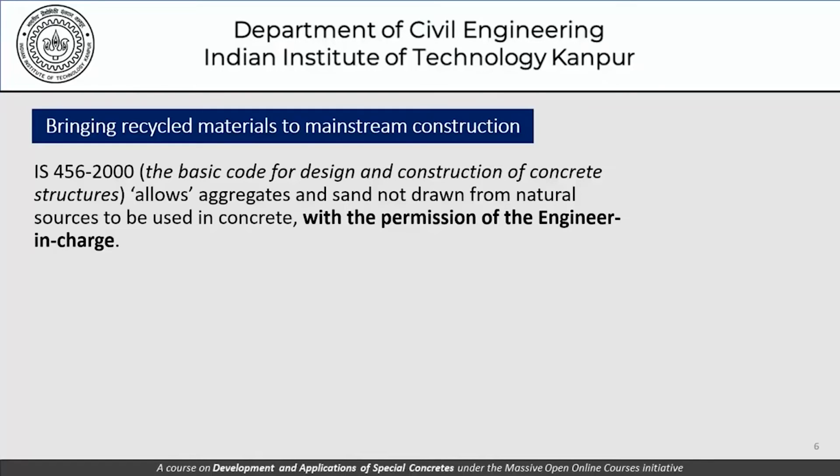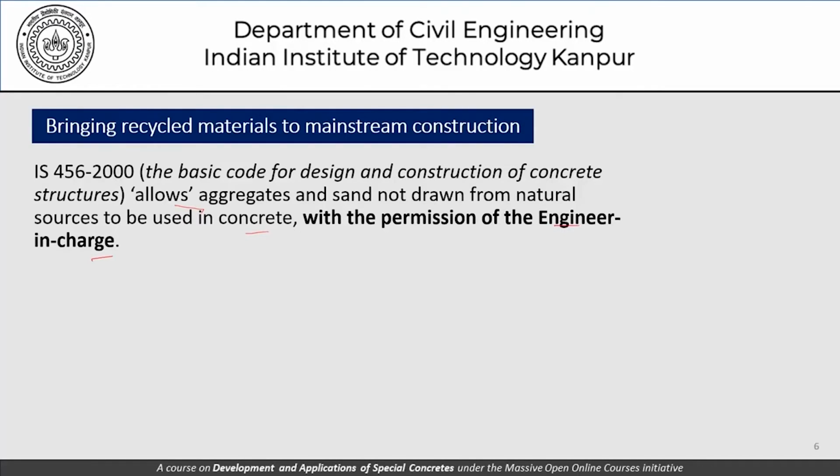IS 456-2000, for example, which is the basic code for design and construction of concrete structures, allows us to use aggregates and sand not drawn from natural sources, but that is with the permission of the engineer in charge.